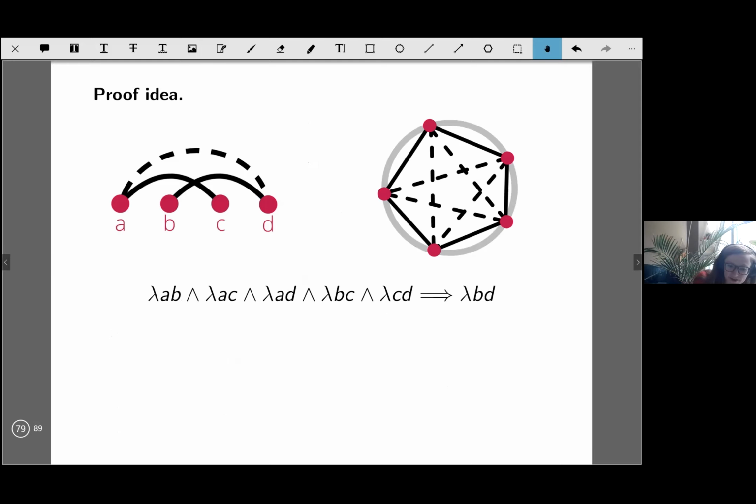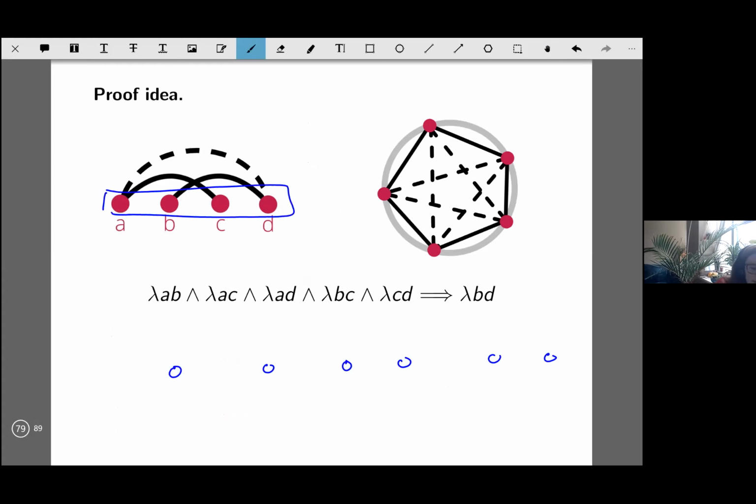So I can give you at least the definition. Let me try and do that. Remember, we're considering that there's a linear order on the graph, and with respect to that linear order, you don't have this configuration on the left.